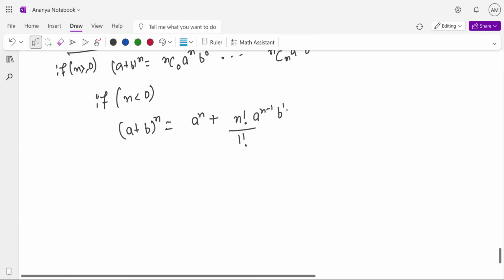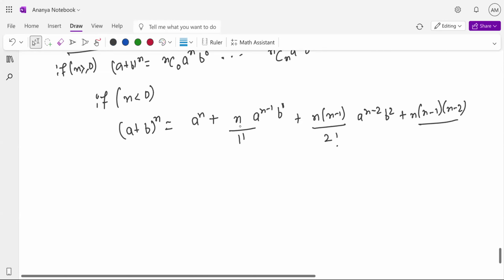So what should be the next? We have to add n, n minus 1 divided by 2 factorial. Okay, one more thing: it should not be n factorial, it should be only n. And here it should be a to the power n minus 2, b squared, plus n(n minus 1)(n minus 2) divided by 3 factorial.